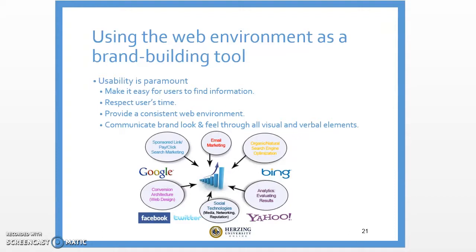In the web environment, there are so many different types of platforms now to be able to advertise. For instance, if we look at our graphic here below, we have Google, Bing, and Yahoo. Those are search engines. On those search engines, you can buy advertising called pay-per-click, which is a sponsored link. It's called search marketing.